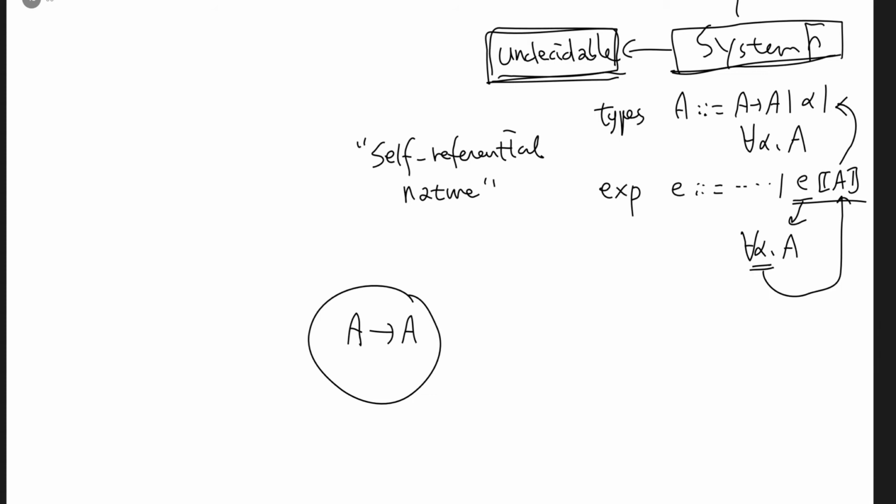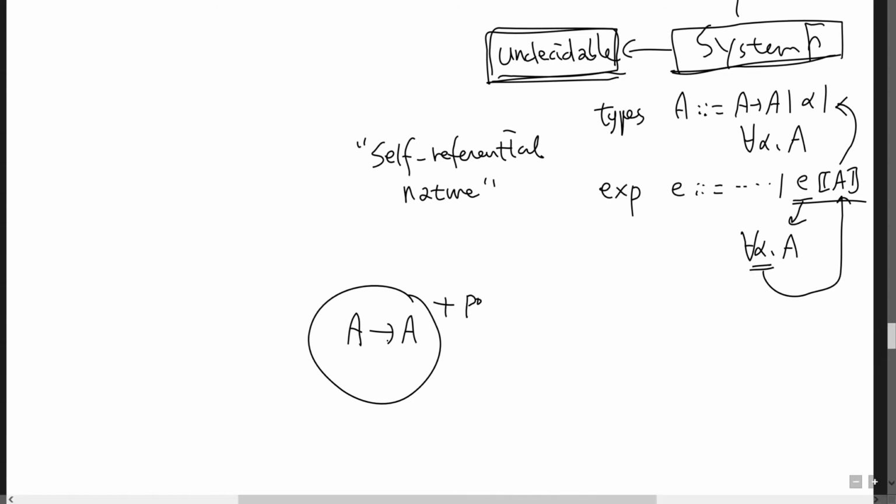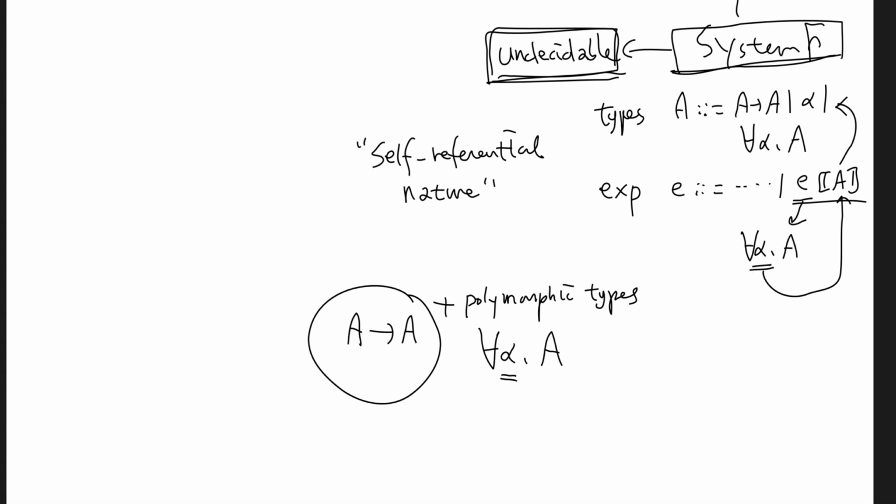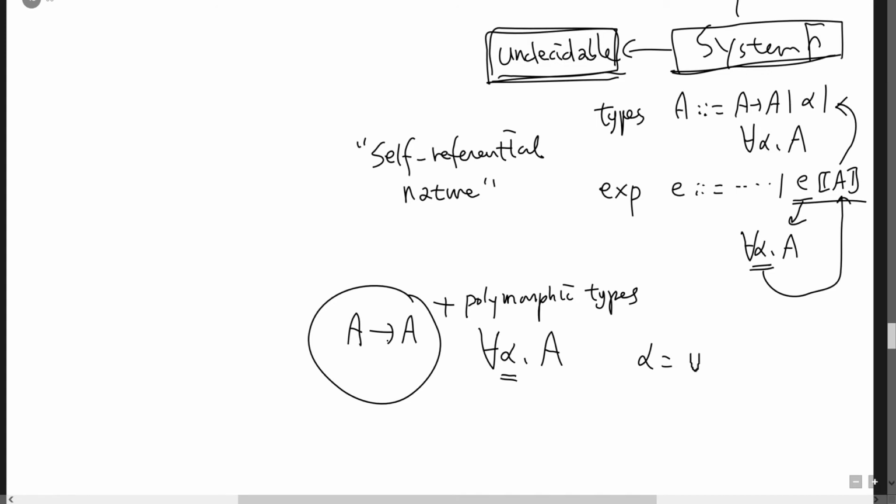Now we'd like to introduce polymorphic types. So we introduce this polymorphic type for all alpha, A. And this type variable alpha is literally a variable over types.